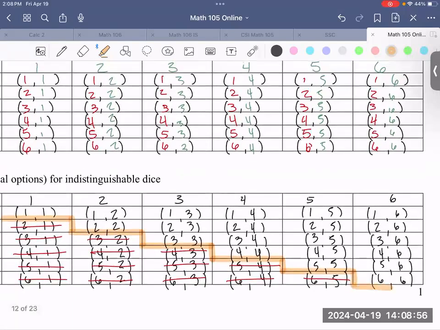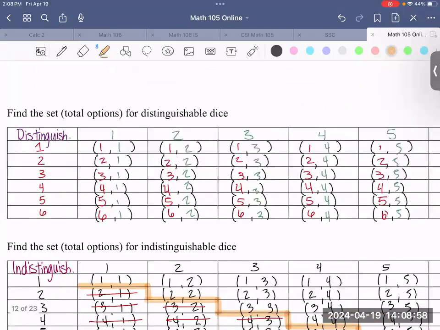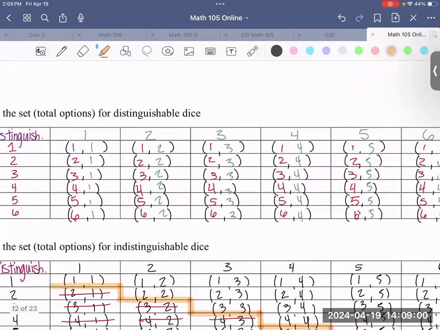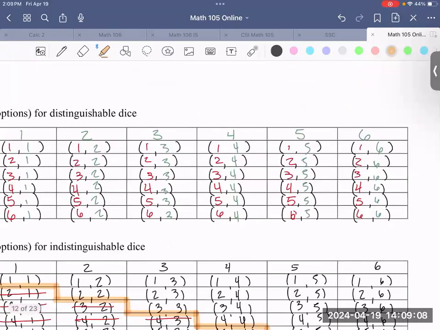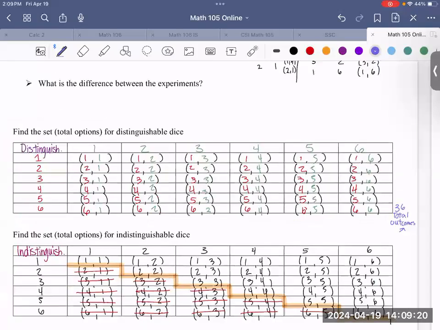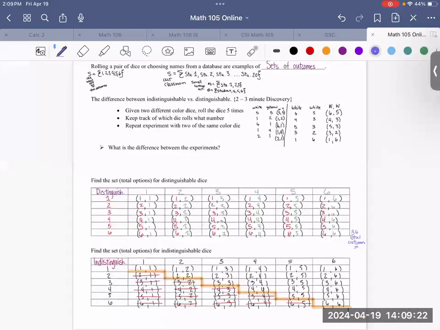So distinguishable, we can have all of these different outcomes because we can see for certain which dice through which color, which dice through which number. And in total, we have 36 different options. This is called your sample space or your set of outcomes.